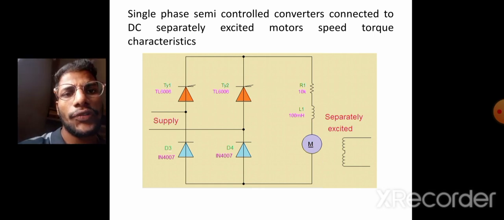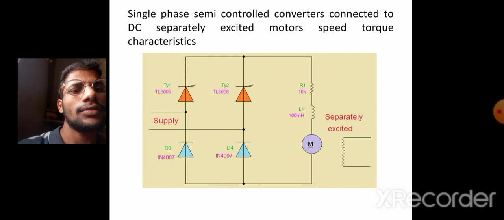First of all, we are giving the supply to the terminals of the thyristors and diodes, and the motor is excited separately. An AC supply is given to the circuit.